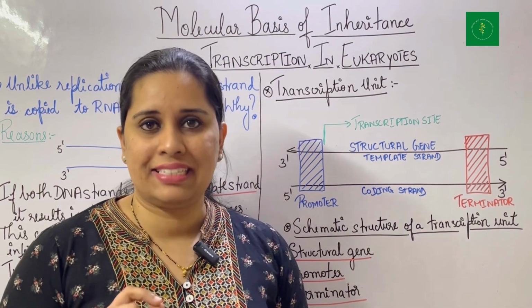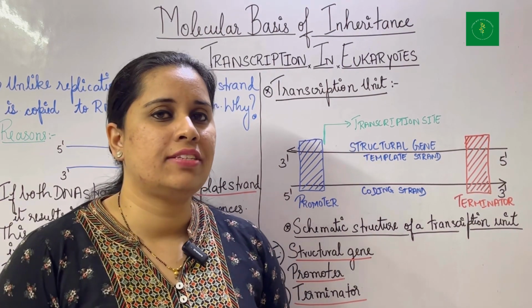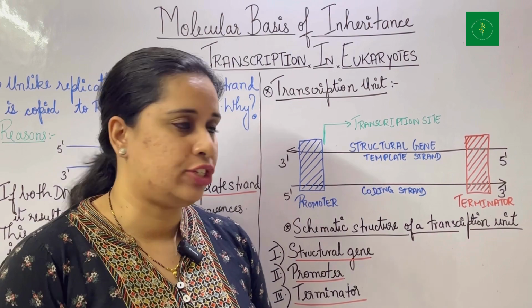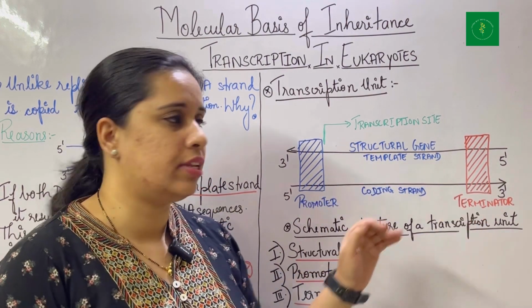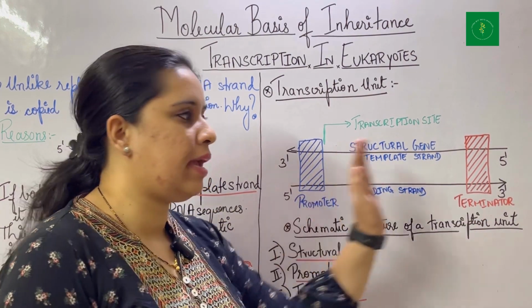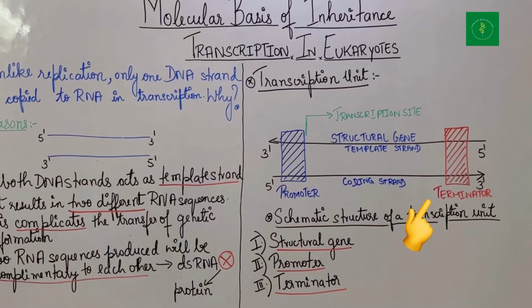RNA polymerase enzyme catalyzes the polymerization only in one direction, that is from 5' to 3' end. Terminator region is a DNA sequence located towards the 3' end, downstream of the coding strand. It provides the stop signal and defines the end of the transcription.